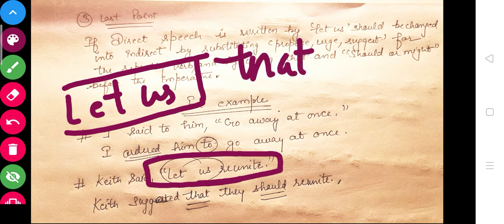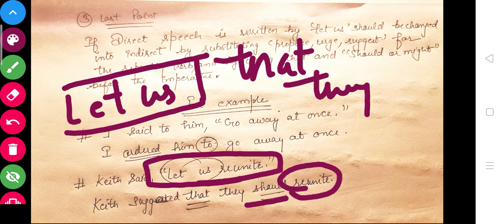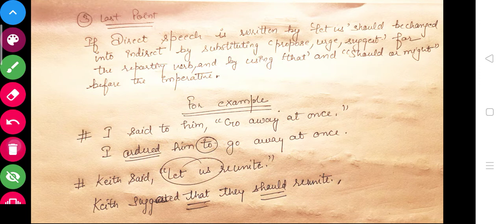Then whatever pronoun is there, then should is used, and then the verb. So you should remember this thing. Whenever we are using that, it comes with a combination of should or might.